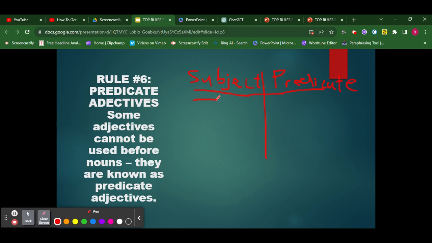For example, if the subject here is John, is a good boy, for example.